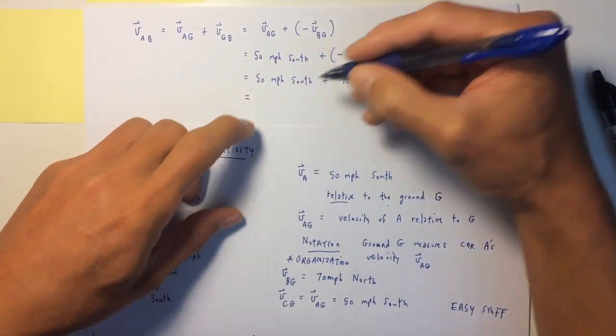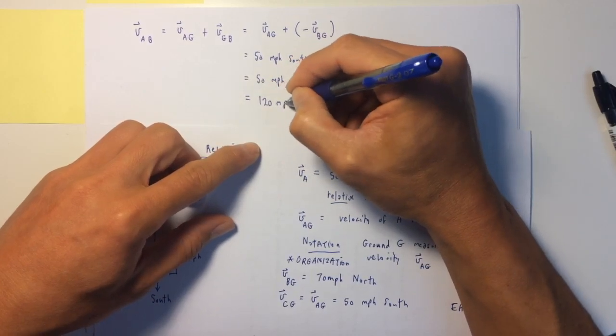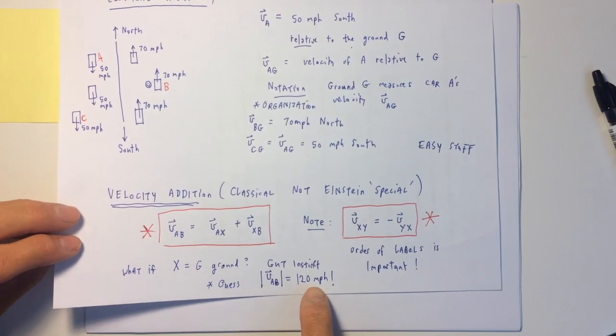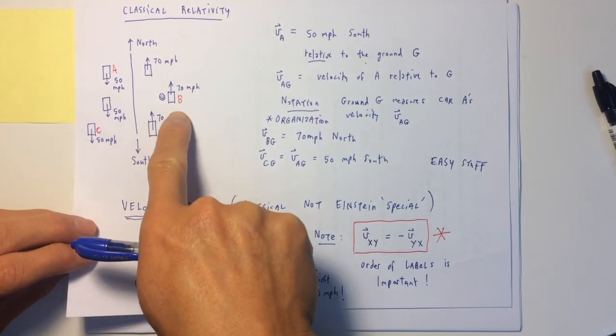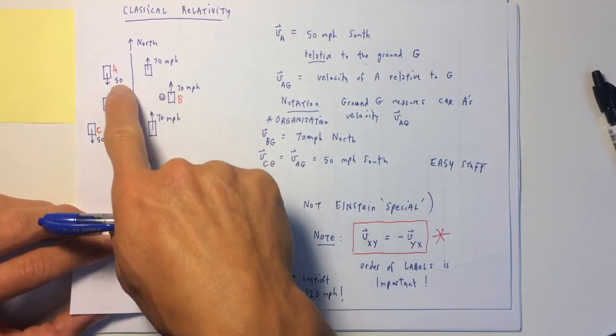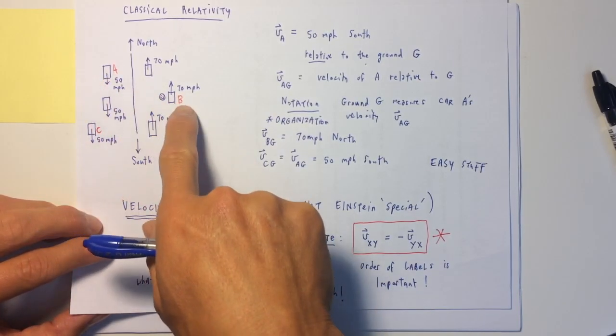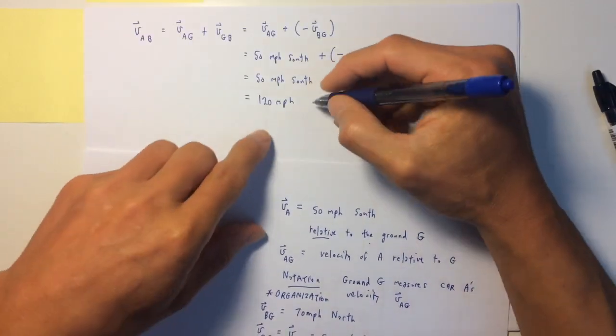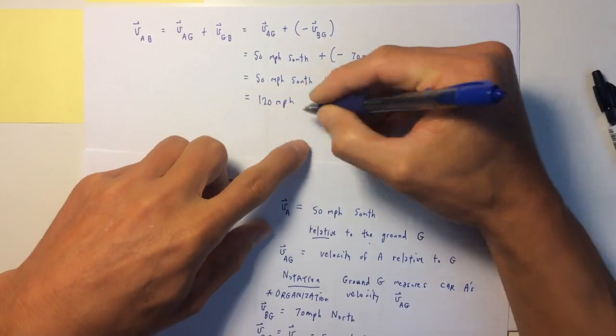So 70 plus 50 is 120 miles per hour, which matches our gut instinct that A travels past B very fast, right? Faster than 50 or 70. It turns out that A travels past B at 50 plus 70. And what's more is we get the vector direction.